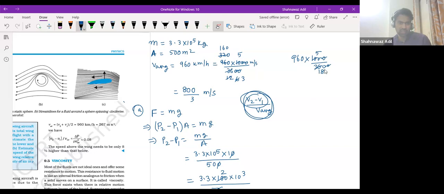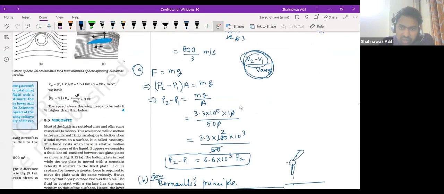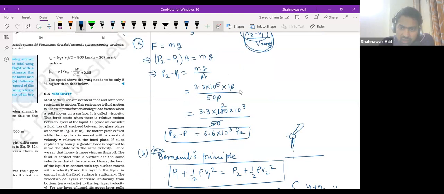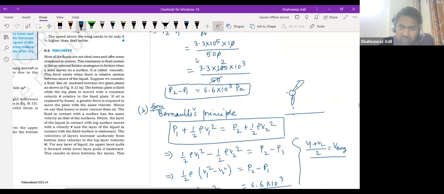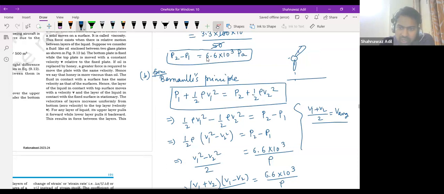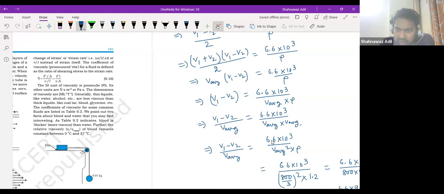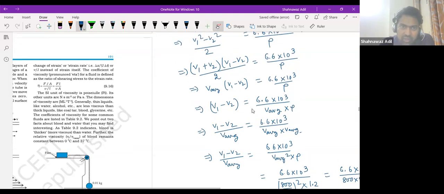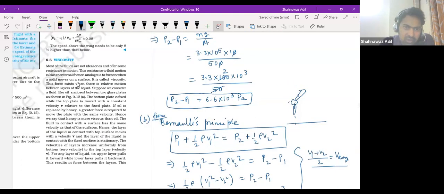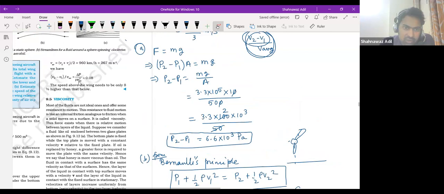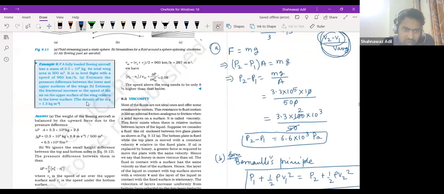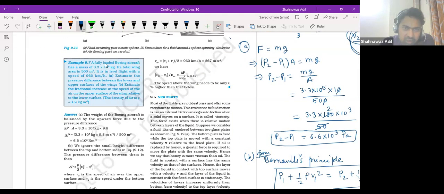So what is the wrong thing that we have done? Oh, so P2 minus P1 is 6.6 into 10 to the power 3, and we have also got rho into V average square, so that we have also done, 1.2 kg per meter cube.